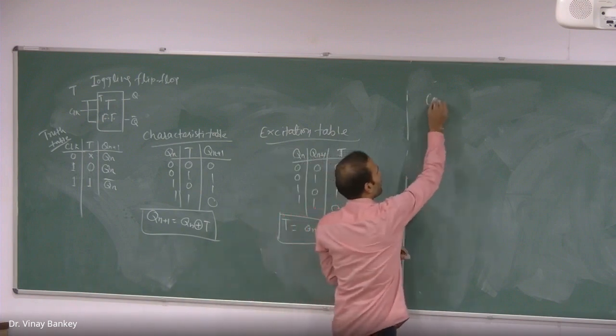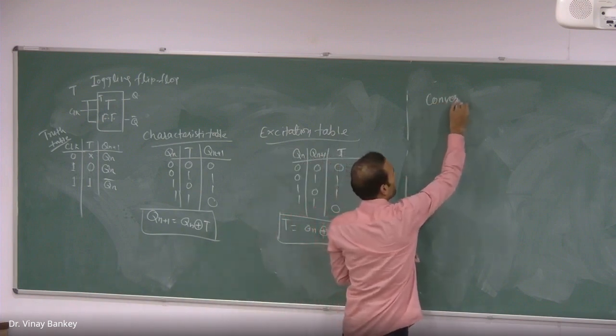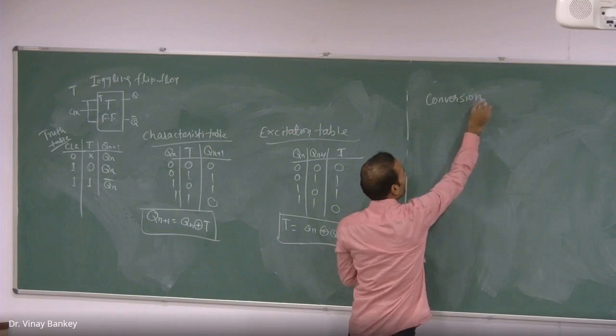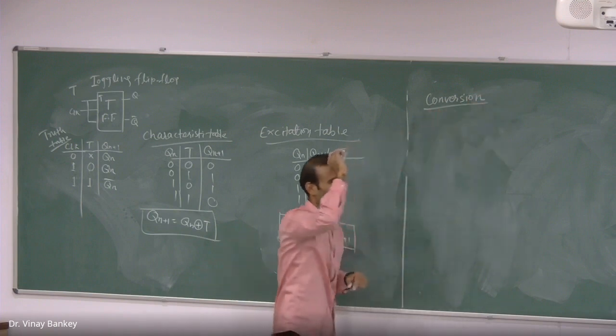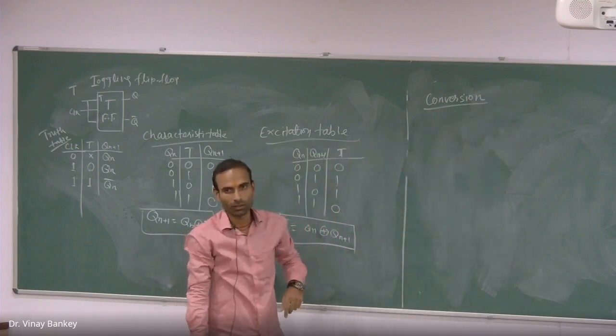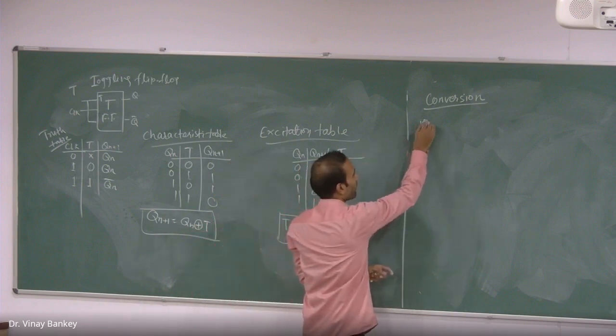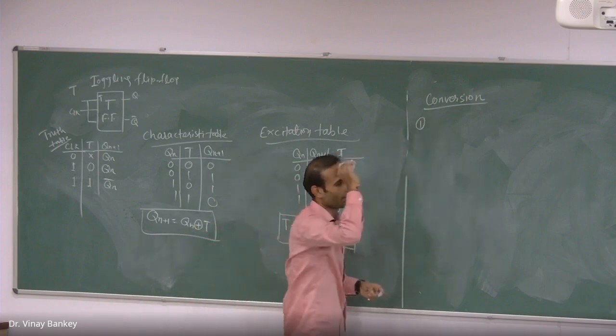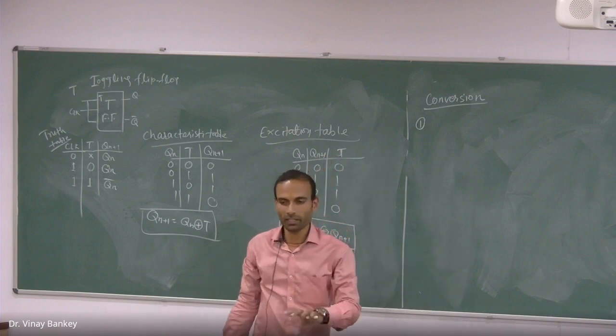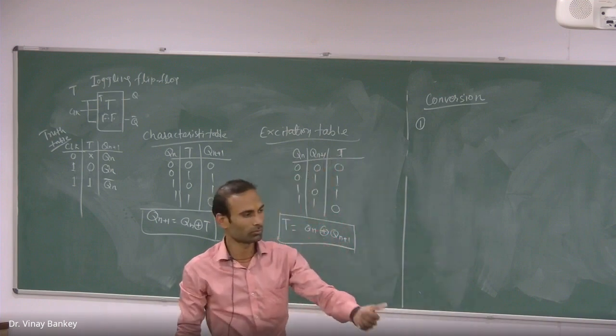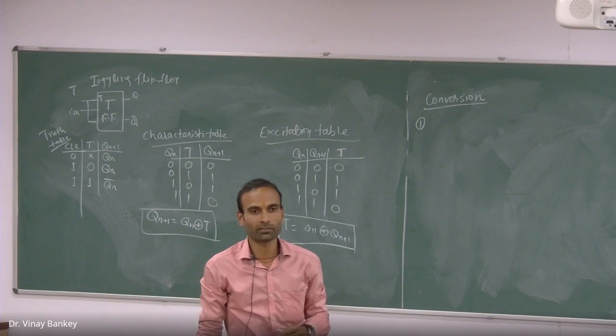So for the conversion of one flip-flop to another flip-flop, write a few points. First of all, the question will be like, you need to convert a JK flip-flop into another flip-flop. Say it is SR flip-flop.